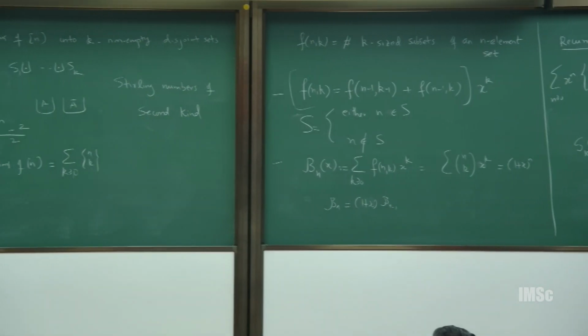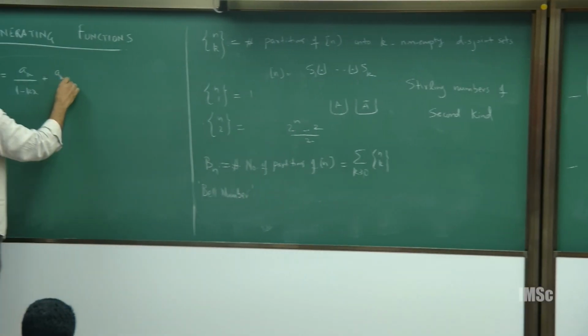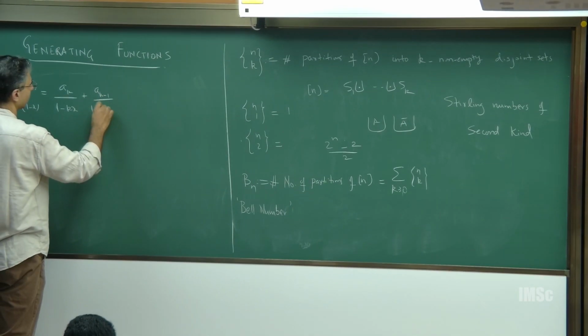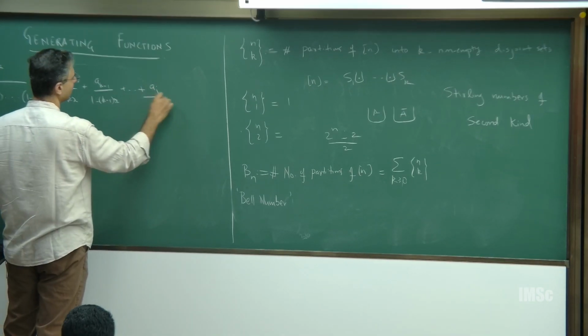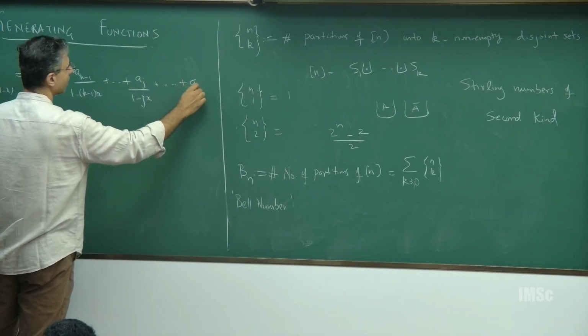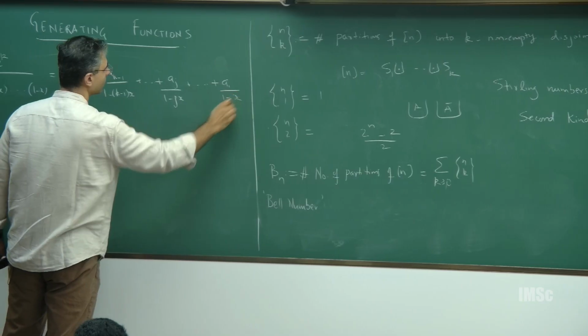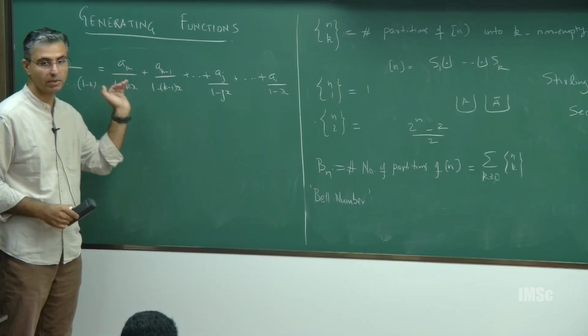So a1 upon 1 minus x, all the way up to ak upon 1 minus kx. Okay, so we have to find these numbers a1 all the way up till ak, right.